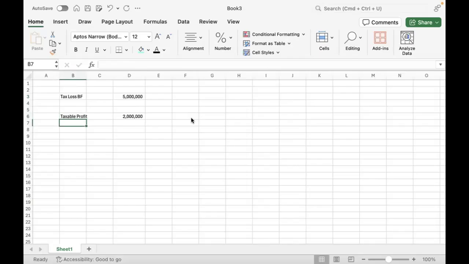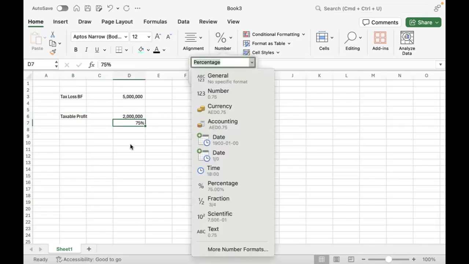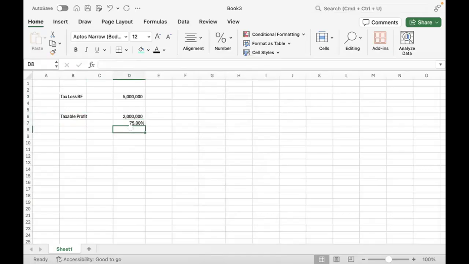So what does that mean? It means that the maximum amount of tax loss that we can offset will be 75%, meaning this multiplied by this 75.